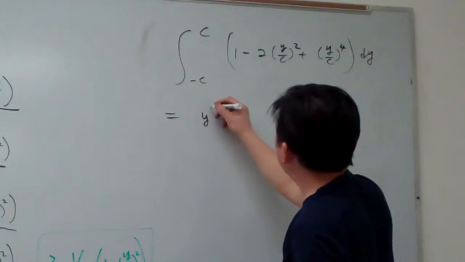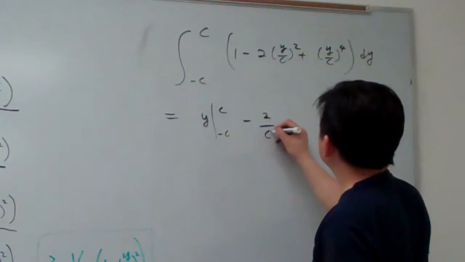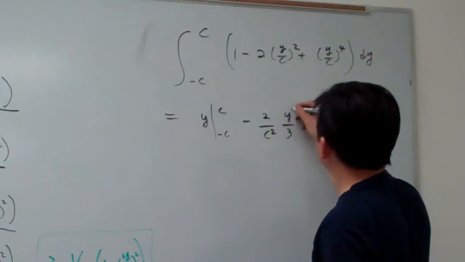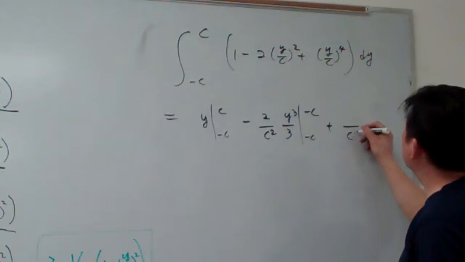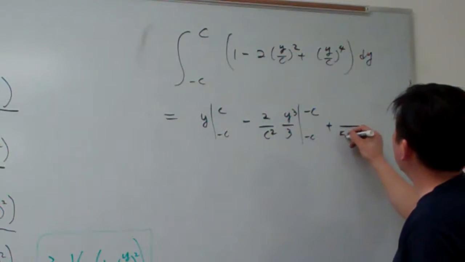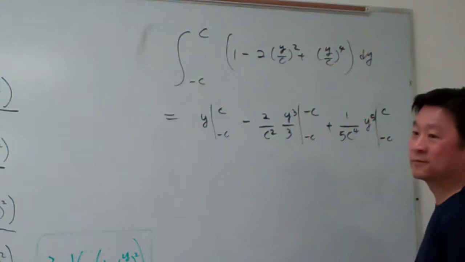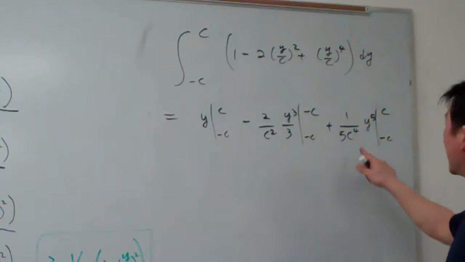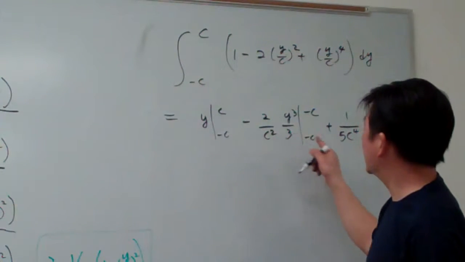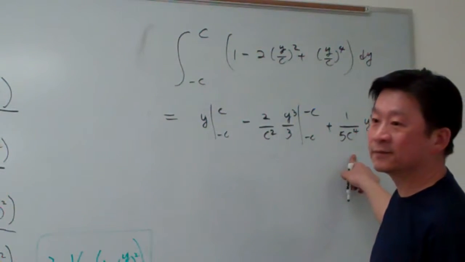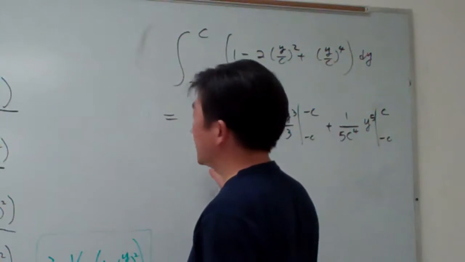So this is y from minus C to C, minus 2 over 3c squared times y cubed from minus C to C, plus 1 over 5c fourth times y to the fifth from minus C to C. I believe the 5 comes from these terms after you integrate.